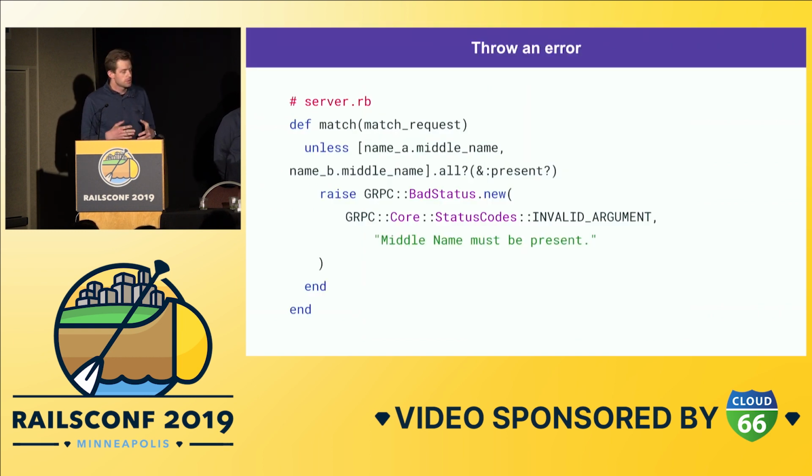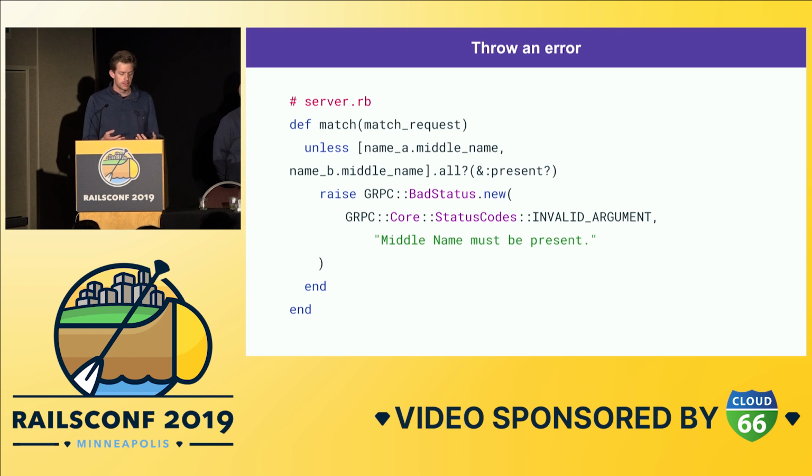So let's dive into what it looks like to throw an error on the server. In this case, we want to validate that each name in each request does have a middle name. And just for this very simple example, we want to raise back to the client that they should include a middle name. So how do you do that?